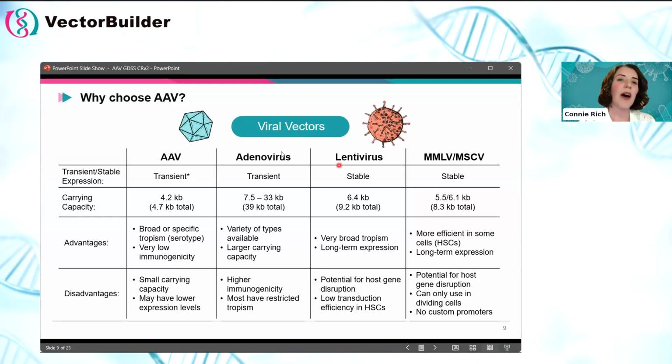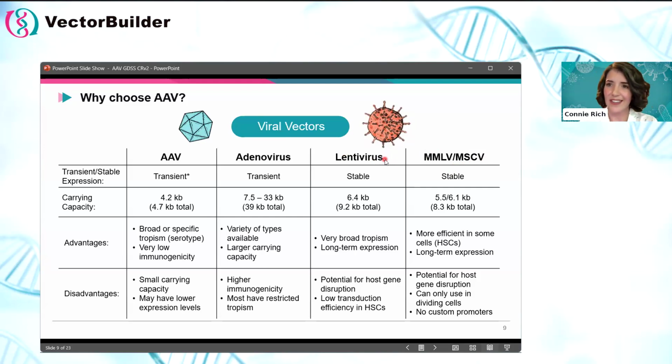So when we're looking at popular viral vectors, these are our major players. And an easy way to divide them is whether you have stable integration into the host genome or not. So if you need stable integration, especially if you're working in vitro, whether that's studying things through stable cell lines or, for clinical applications, doing ex vivo treatments for HSCs, then these two are going to be what you're debating between, either lentivirus or gamma retroviruses here.